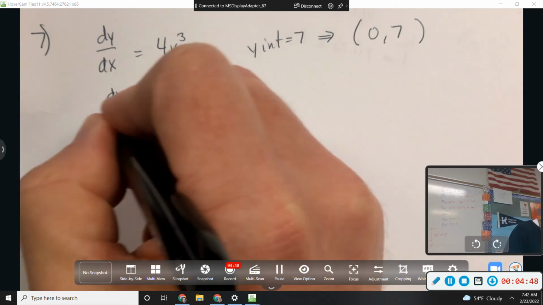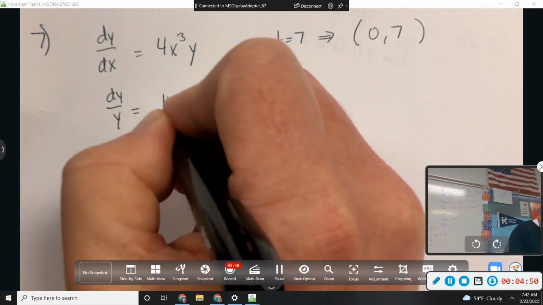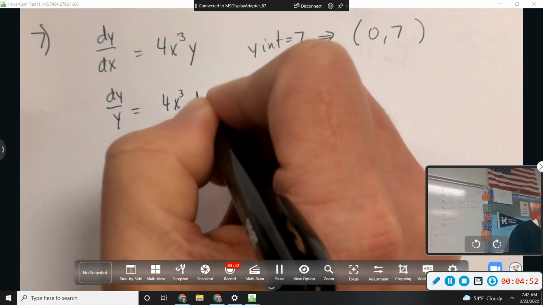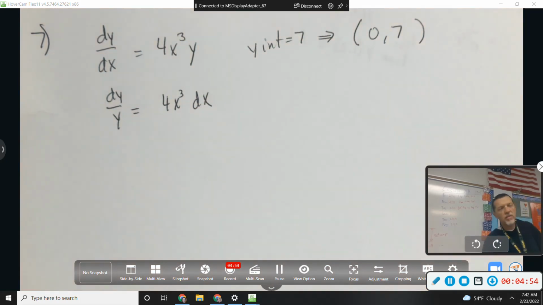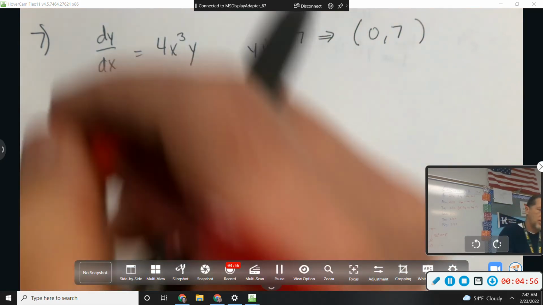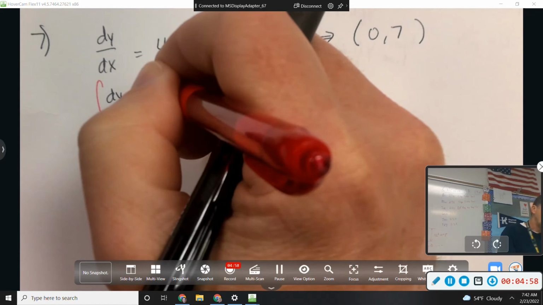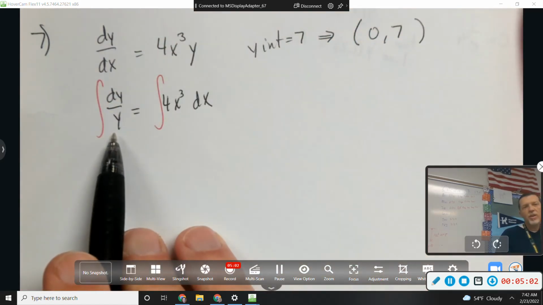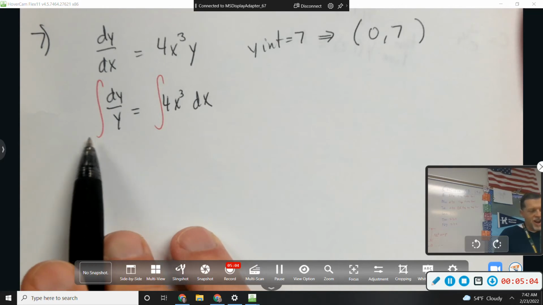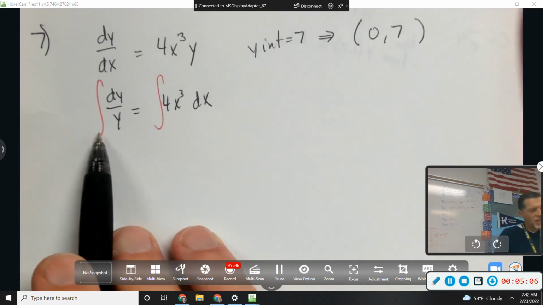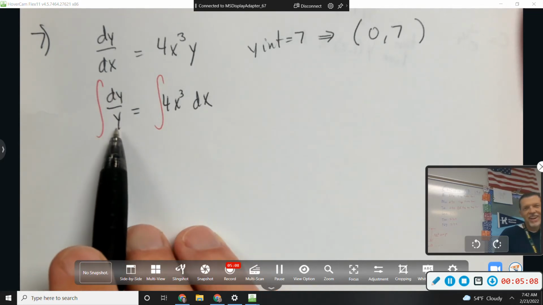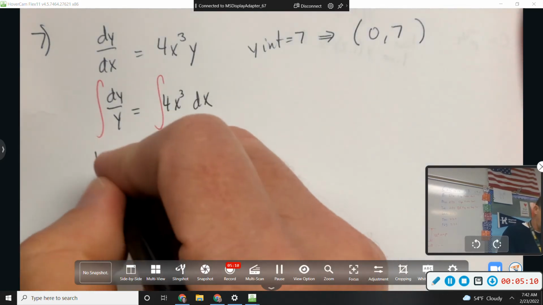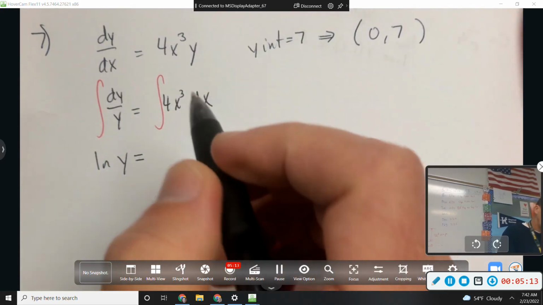Okay, dy over y equals 4x cubed dx. Separate the variables. Integrate both sides. This shows up a lot. What's the integral of dy over y? Natural log of y.